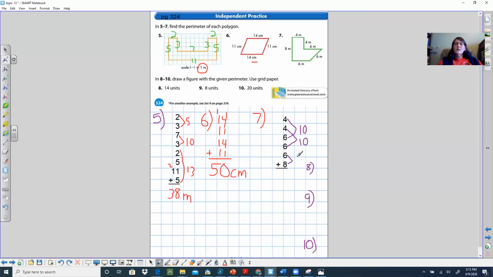They are not a friends of 10, but they are 14. So 14 plus 10 is 24, plus 10 is 34. Hopefully you just came up with the same answer that I did. And what do we need to label it, boys and girls? Hopefully you're thinking meters, Mrs. Mears.